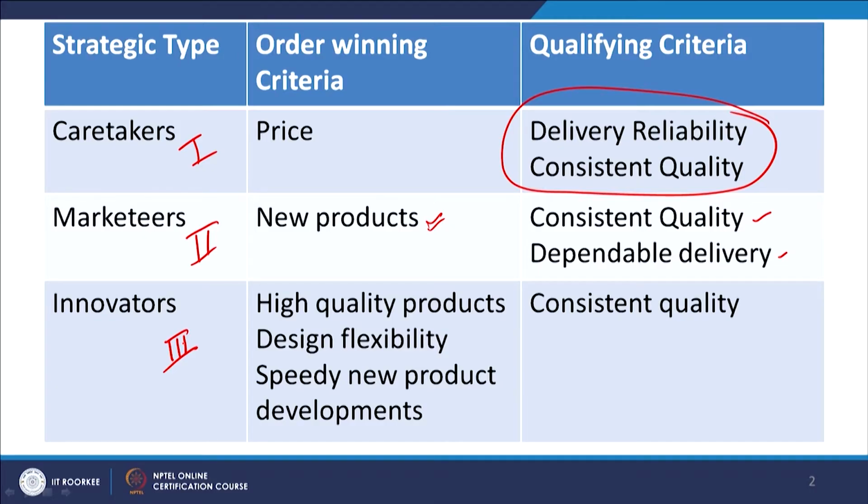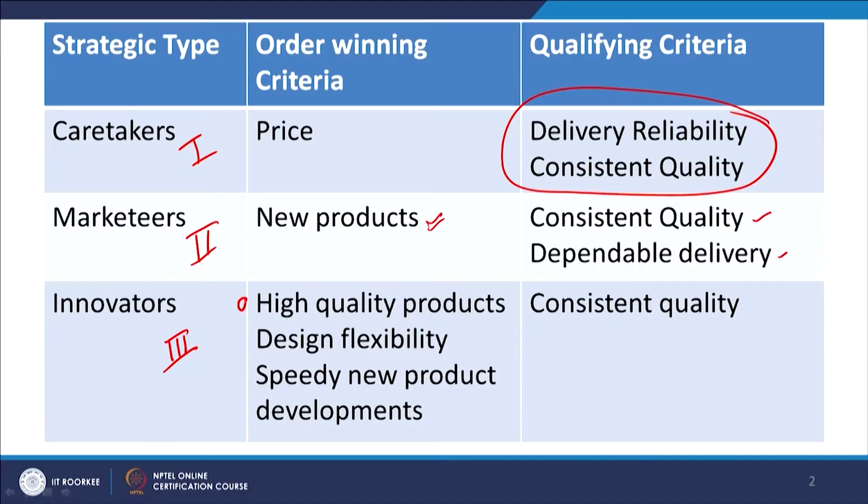New product development is a winning criteria for marketeers also, but in case of innovators, the rate of introducing new products, the rate of NPD, is much faster. So, innovators have these three important winning criteria: high quality products, design flexibility, and the development of new products at a much faster speed.